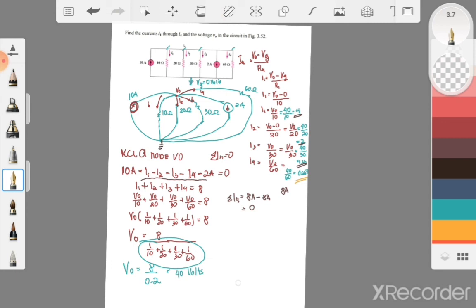And if you already assumed the direction of your current, do not reverse it in the middle of solving the equations. Why, sir? If you reverse your assumption in the middle of your calculation, the summation of current that you solve will not be equal to 0. That's why it will violate the rule of conservation of charges.